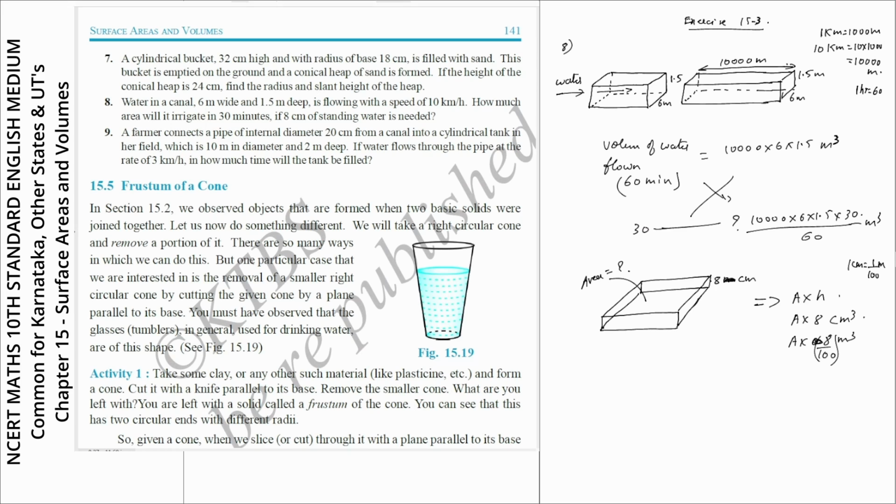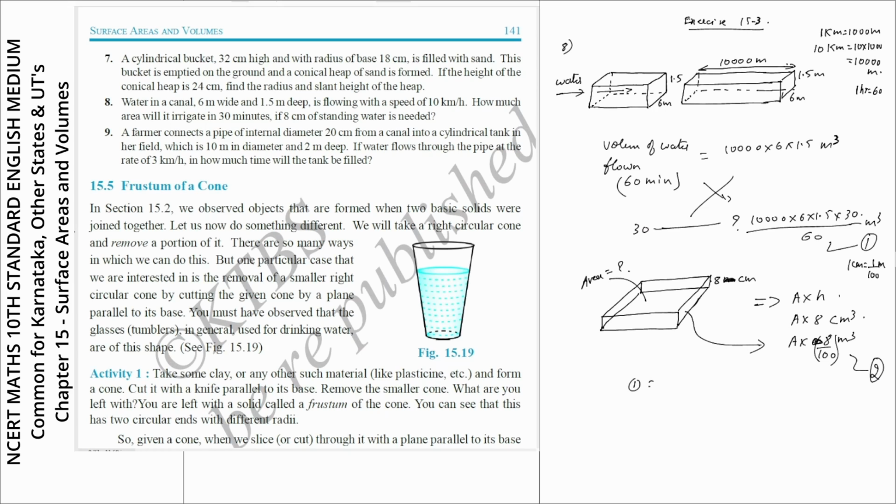So the volume of this irrigated land is A into A by 100 meter cube. Now I can equate this. I'll take this as equation 1 and this as equation 2. Both are the same. The amount of water flown and the volume of the irrigated area will be the same.